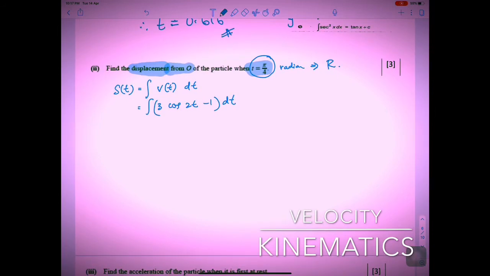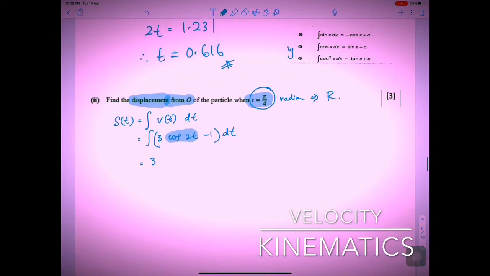So we get 3 times, if you integrate cos 2t you get sin 2t over 2 plus c. So 3 sin 2t over 2, minus t, plus c.